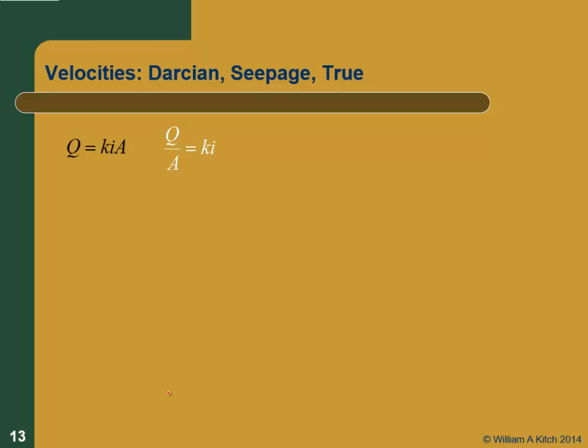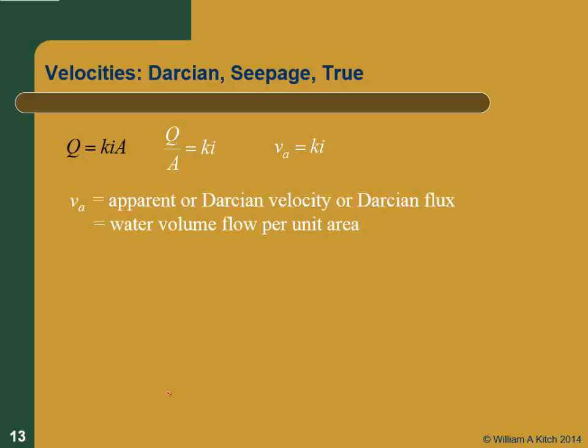It's got length over time, so it's going to have the units of velocity. So we generally call this the apparent velocity. It's called the apparent velocity or the Darcian flux, because the water is not traveling at that velocity, but the flux through the system is.